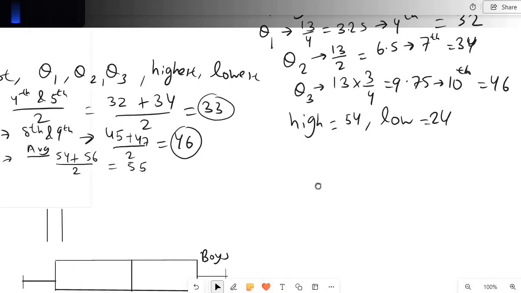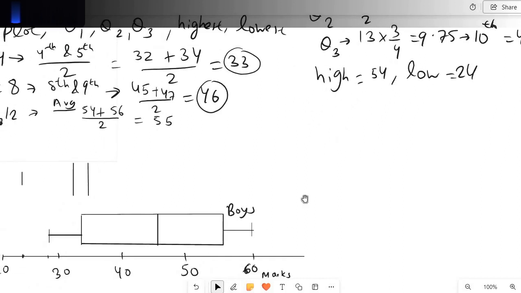Then we have the upper quartile at 46, which is equal to the median of the boys. So something like this. And finally, the highest value, which is at 54, and this is slightly lower than the upper quartile of the boys. So something like this. Now the only thing that is left is to connect this.